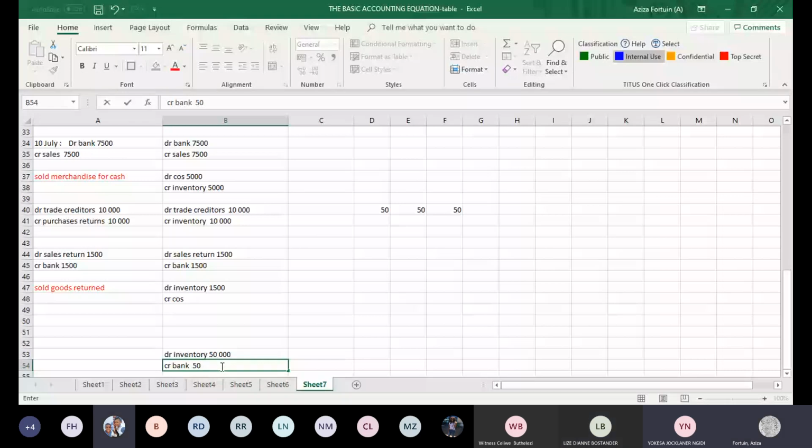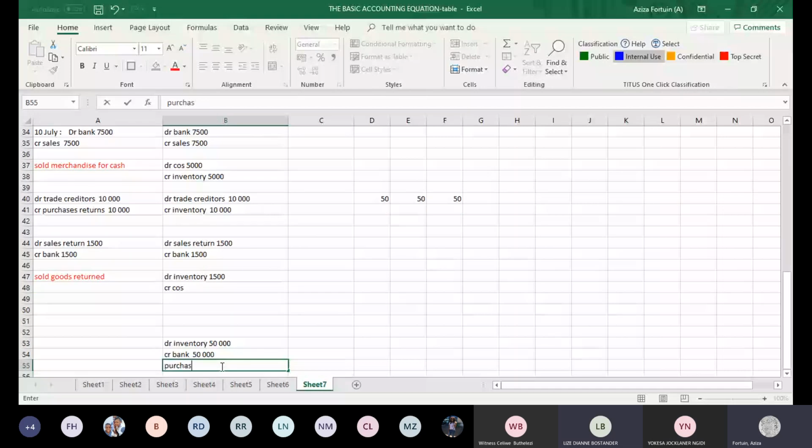Okay. Now it gets interesting. Let's look at this. You issued consumables of 6,000 Rand to production.